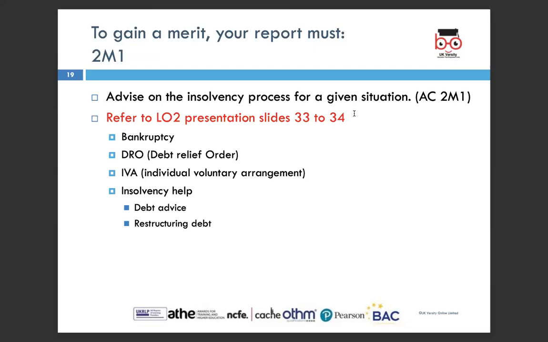Debt relief order or DRO: explain the eligibility criteria and consequences of applying for a DRO as an alternative to bankruptcy. Individual voluntary arrangement: discuss the benefits and drawbacks of entering into an IVA to manage debt repayment while avoiding bankruptcy.